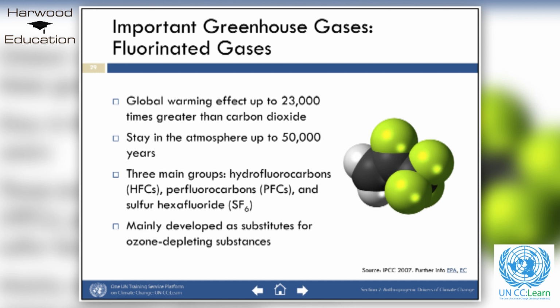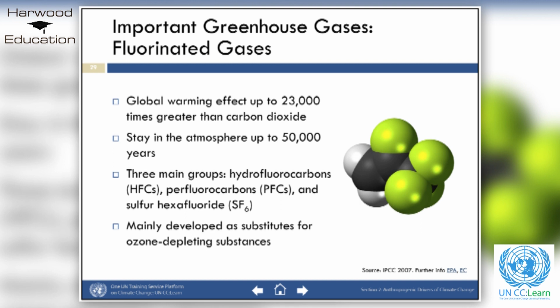They can also have long atmospheric lifetimes, in some cases lasting thousands of years. Fluorinated gases are removed from the atmosphere only when they are destroyed by sunlight in the far upper atmosphere. In general, fluorinated gases are the most potent and longest lasting type of greenhouse gases emitted by human activities.